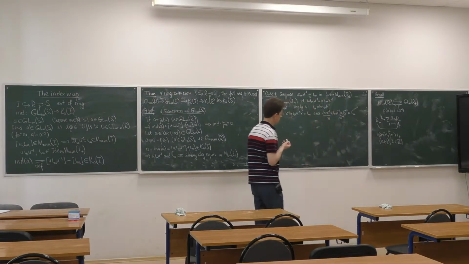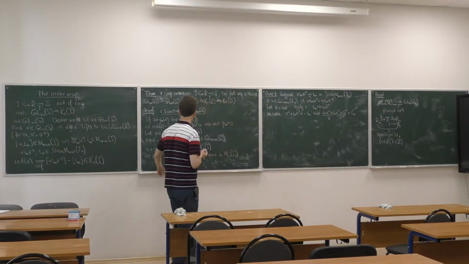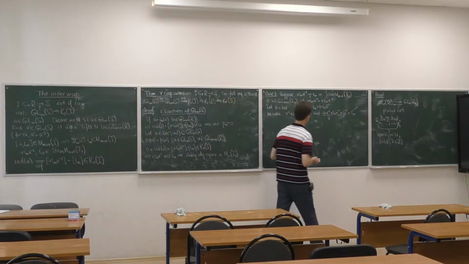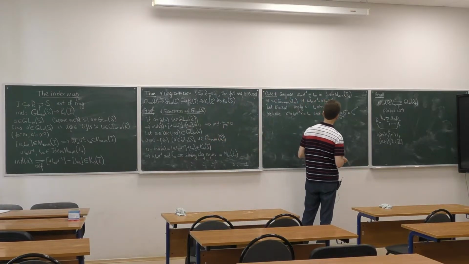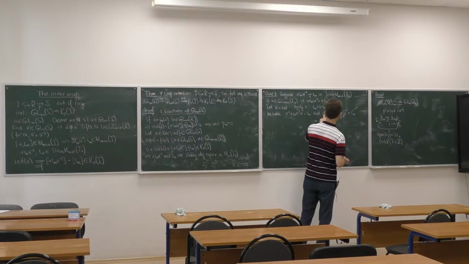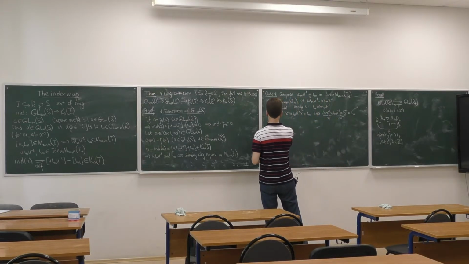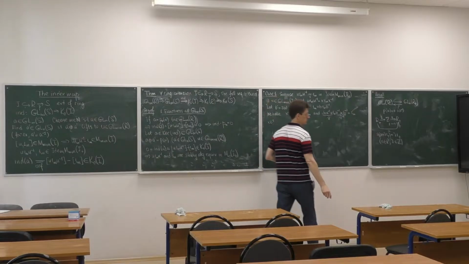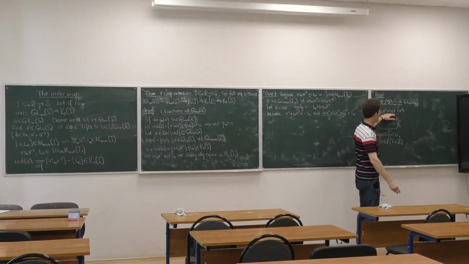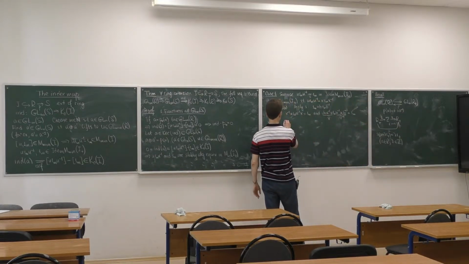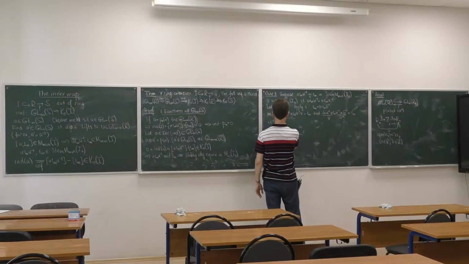So I claim that V is also a lifting of the same element A plus A prime. Why is it so? Well, first of all, the element X B inverse is already normalized. So look here, it is of this form, so it is normalized, and so its inverse is also normalized, B X inverse.